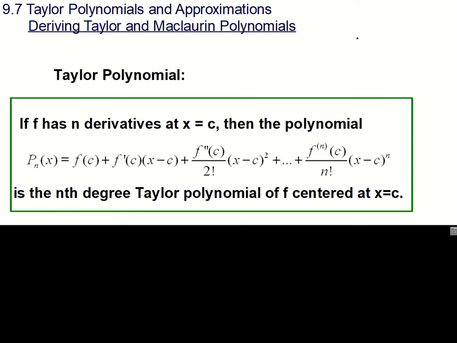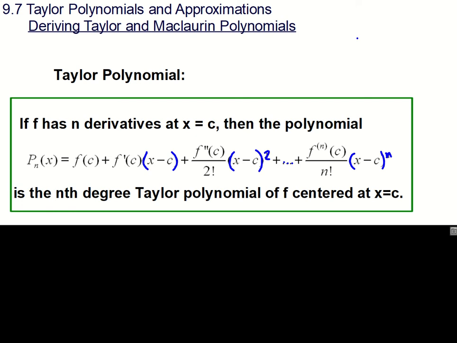We can see that it is centered at x equals c because the polynomial itself has a constant term, and then x minus c quantity squared, all the way up to x minus c to the nth power.